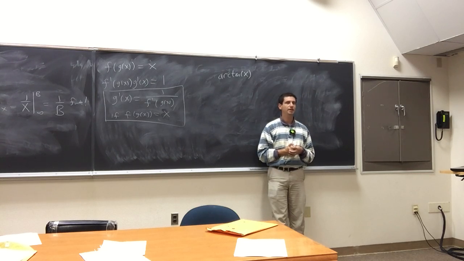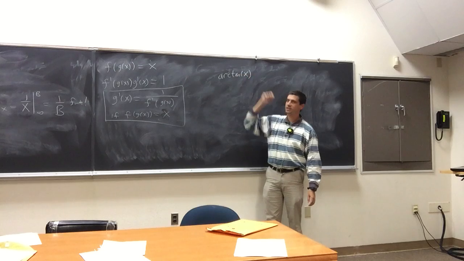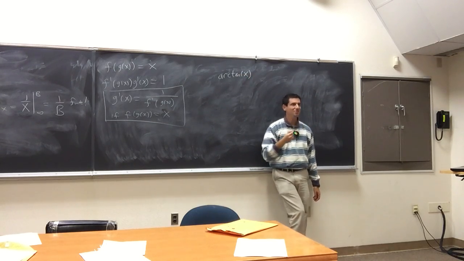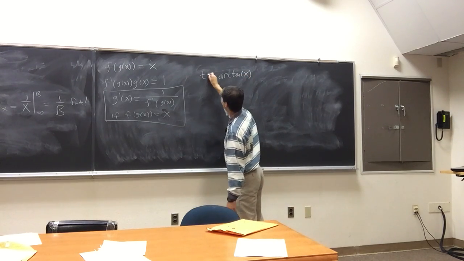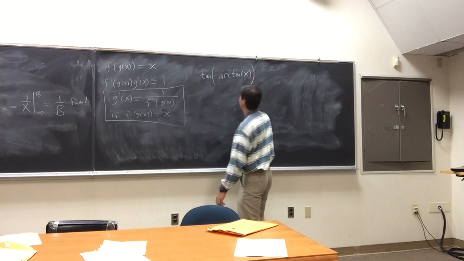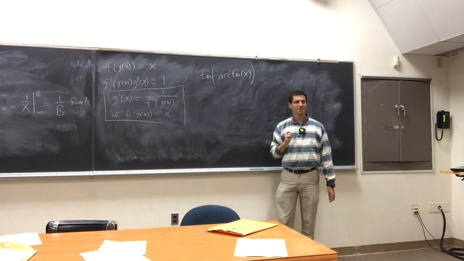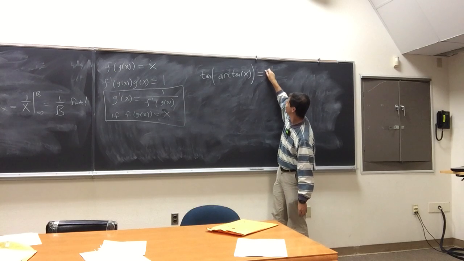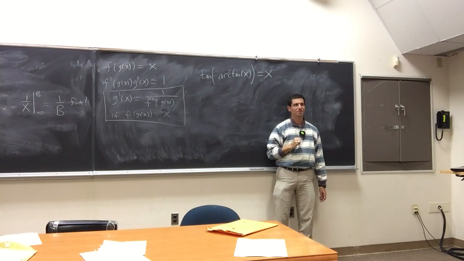If you had to apply a function to tangent of x, what function would you like to apply? What function would you want to apply to arctangent of x? Tangent. So what is the tangent of the angle whose tangent is x? X. Right? Proof by English.